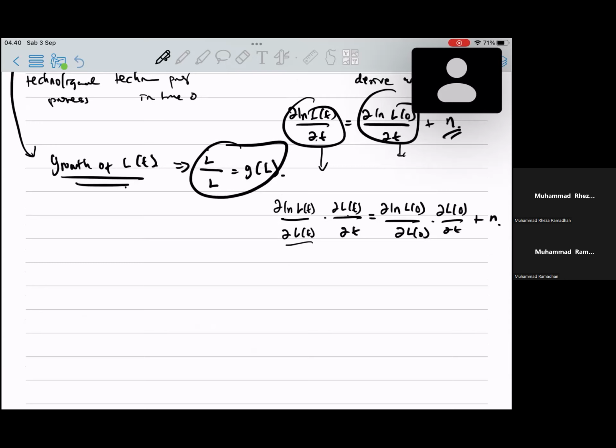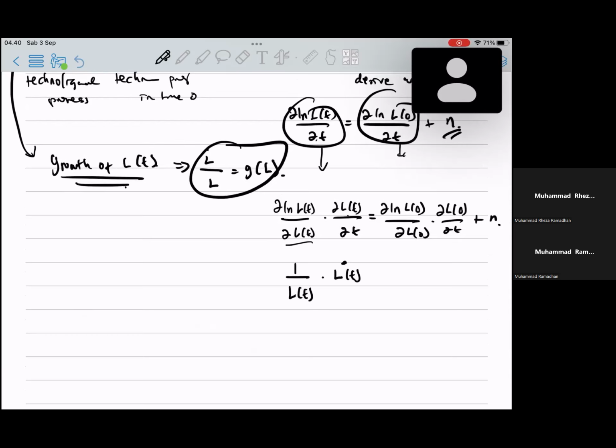So ∂ln L_t over ∂L_t is equal to 1 over L_t, and ∂L_t over ∂t is the same as L_t dot.